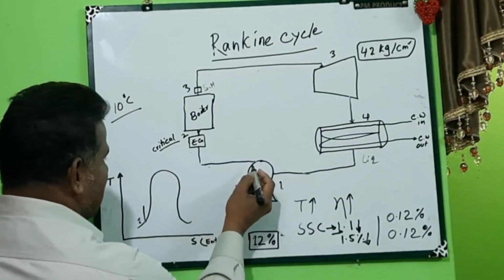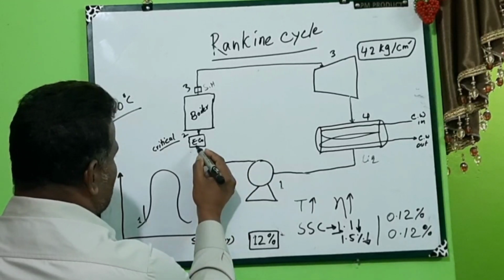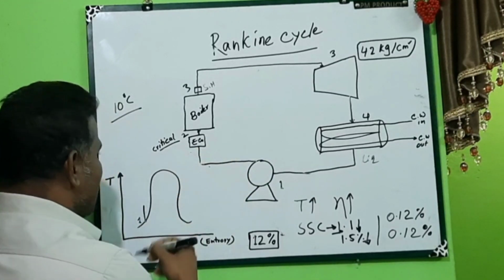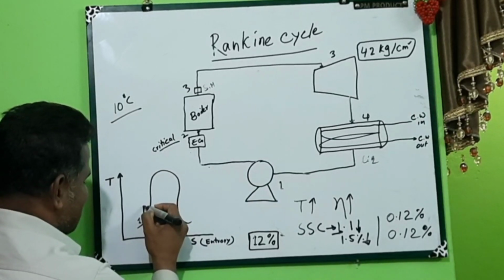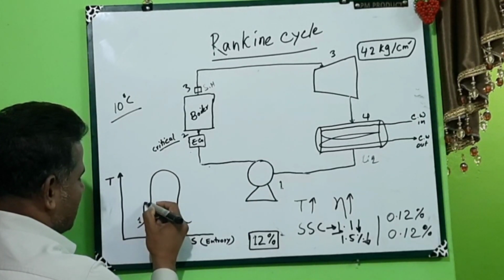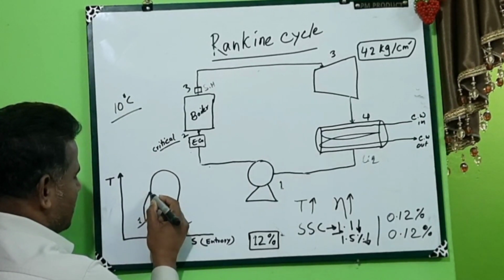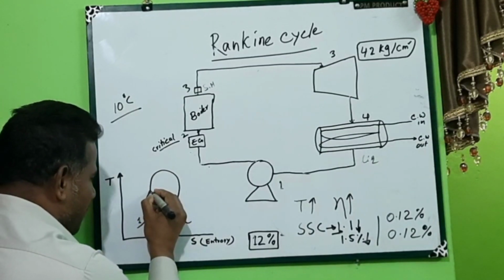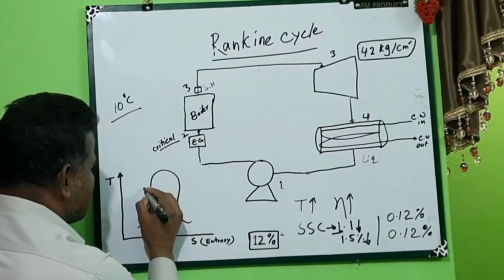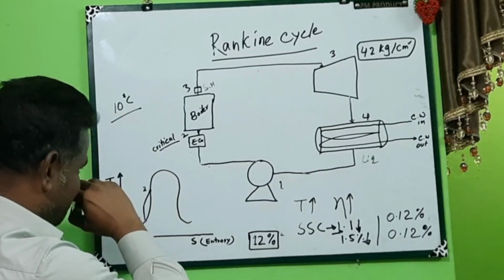After increasing the pressure, this liquid will go to the economizer for taking more temperature. After it passes the economizer, the liquid temperature will increase more, and it will come to this point, which you can call point number 2.